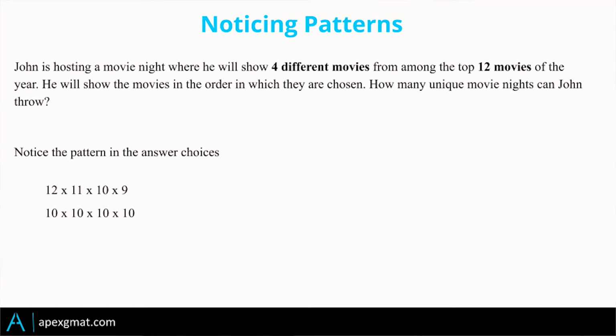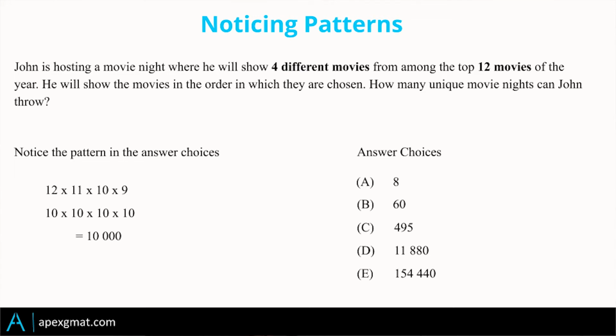That is, our answer should be somewhere around 10,000, possibly a little more because we have an 11 and a 12 offset only by a 9. So what we're looking for is something just above the 10,000 range. This prevents us from doing the math and very rapidly lets us look at those 4 numbers, 12, 11, 10, 9, and zero in on that 11,880 number.